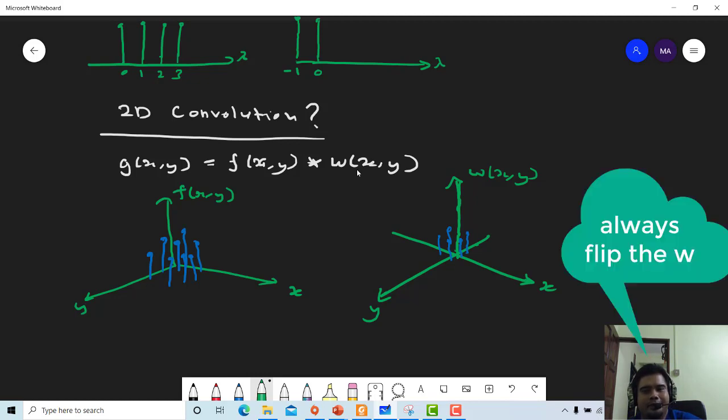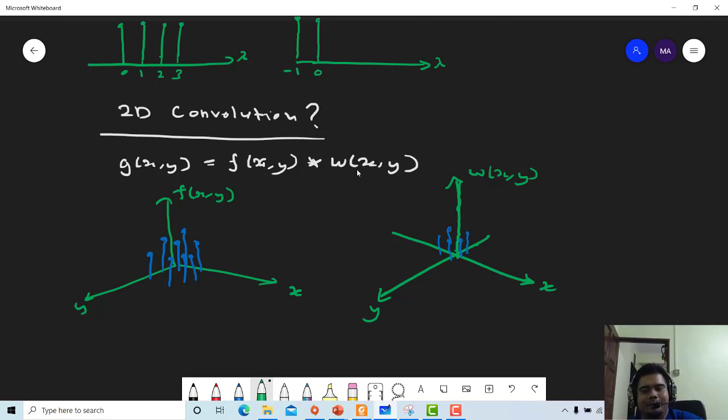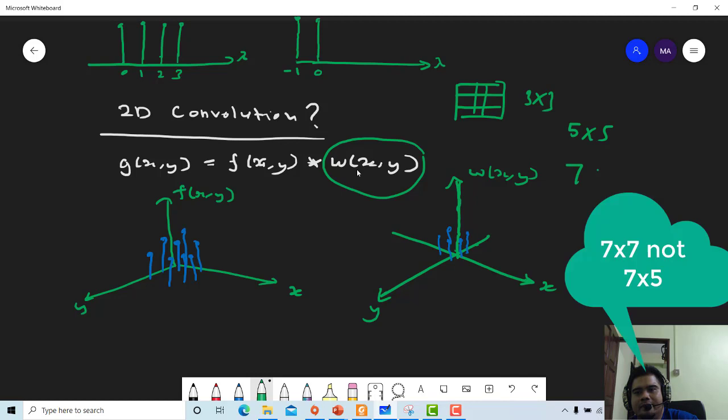We don't choose to flip either xn or hn, because in most cases in image, this one is always very small. It can be 3 times 3, I draw it in matrix. It can be 3 times 3, 5 times 5, or 7 times 7.